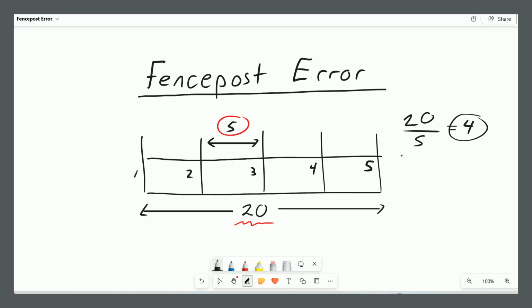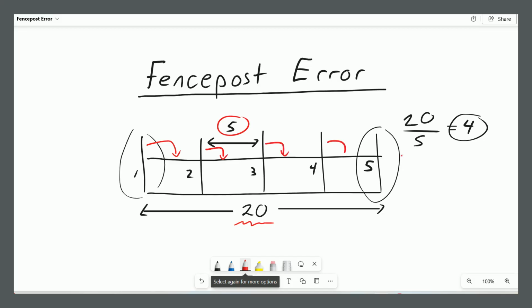See, there's 4 segments, but we have a post at the beginning and at the end. So if you imagine every segment starting from a post, well, then we have 4 posts, 4 segments, but then 1 more post at the end.